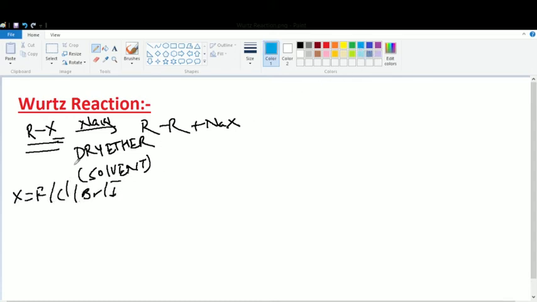So RX is known as alkyl halide. The definition of Wurtz reaction is the reaction of alkyl halide in presence of dry ether and sodium. This is your Wurtz reaction.